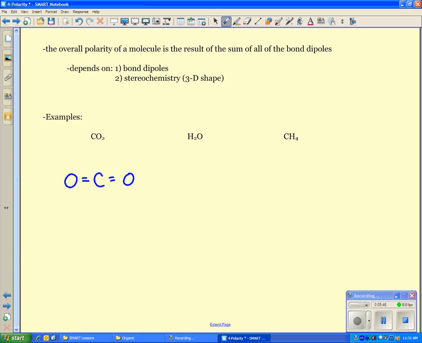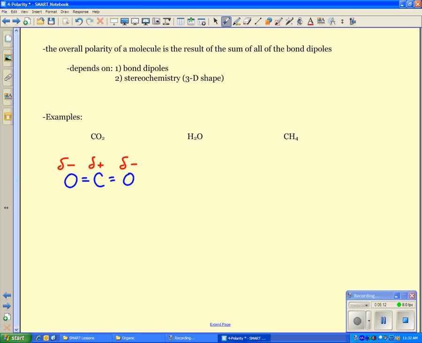If you look at the electronegativity values for the carbon and the oxygen, carbon is 2.6 and oxygen is 3.4. So the higher value of the oxygen means that the oxygens are better at attracting electrons. So the oxygens would be labeled as delta negative. They have the higher electronegativity value. The carbon is delta positive.